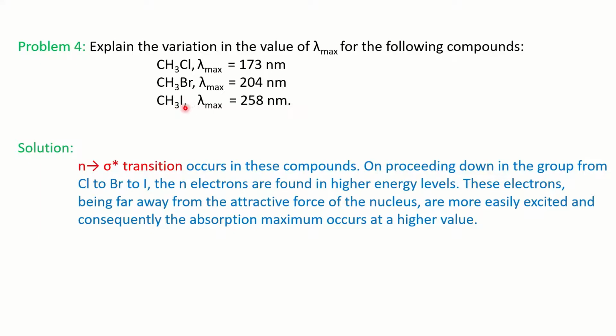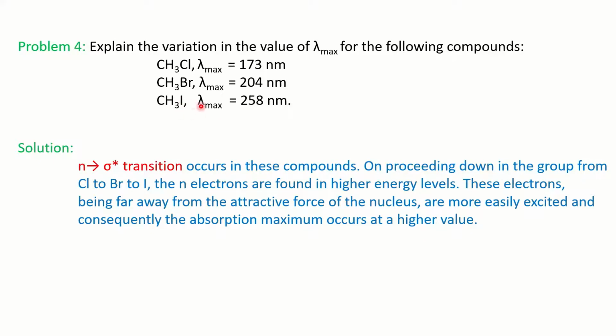Because iodine is bigger in size compared to chlorine and bromine. Bigger in size means the electrons are far away from the attractive force of the nucleus, so in iodine the electronic transitions are easily possible. It will donate its electron for the transition easily.